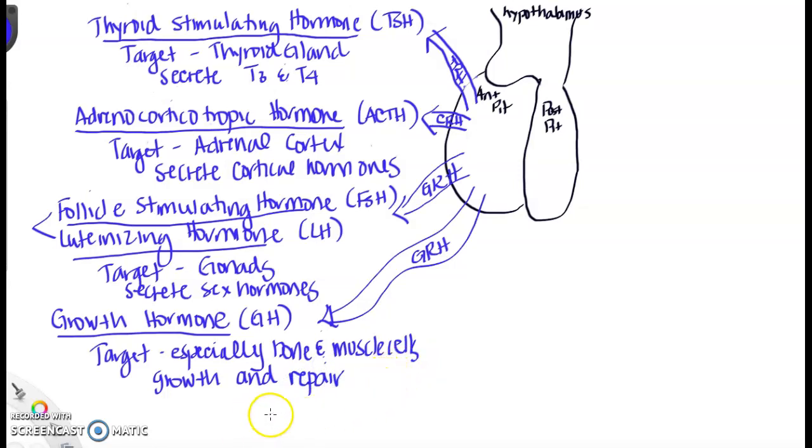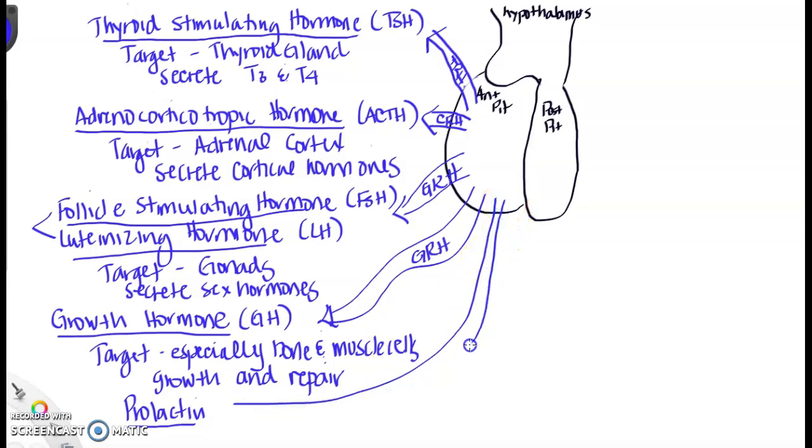Okay. The next hormone is prolactin. So prolactin is a little bit different. It does come from the anterior pituitary, but it isn't released due to a releasing hormone. It's actually inhibited.